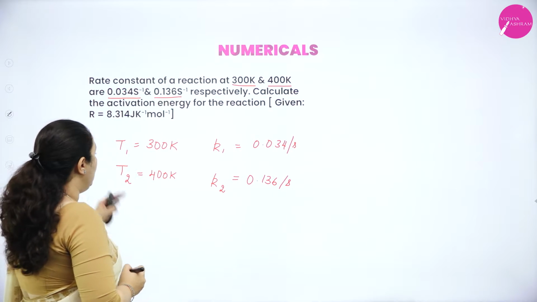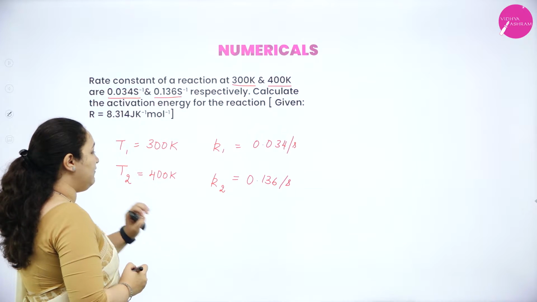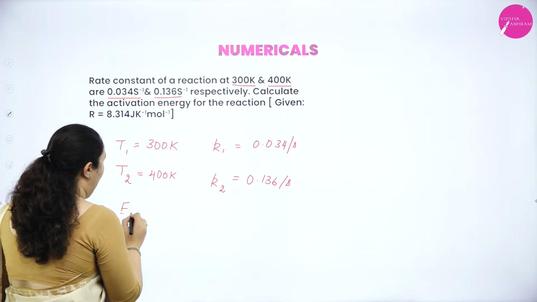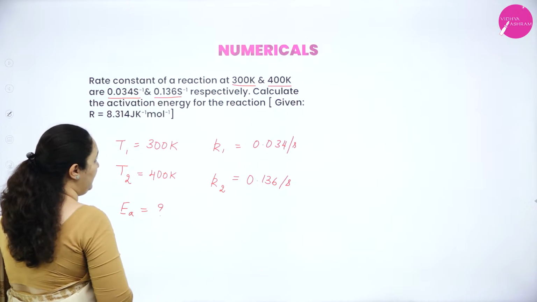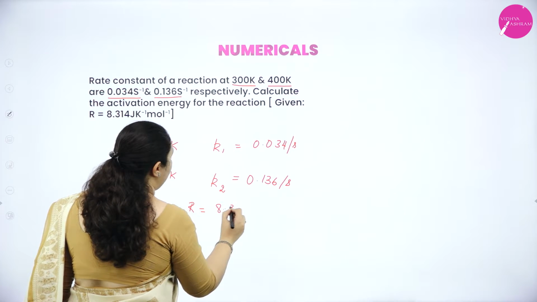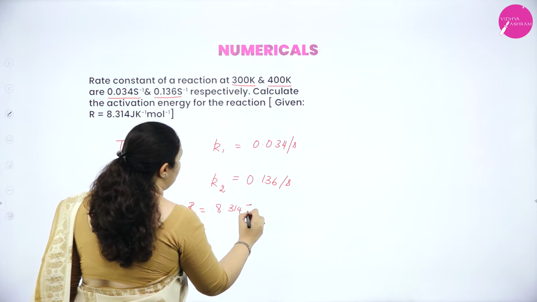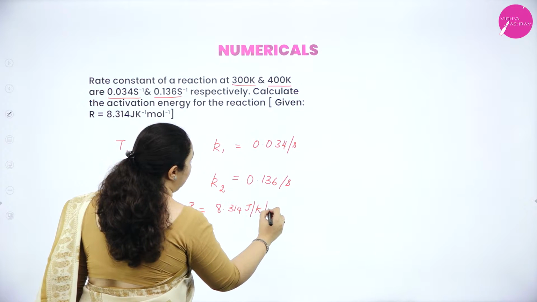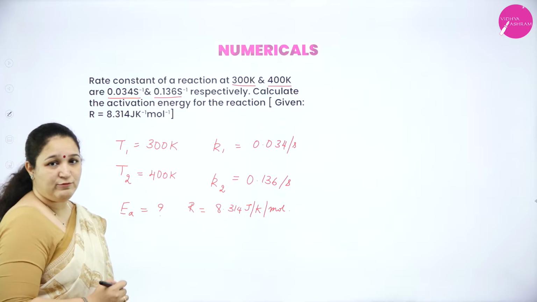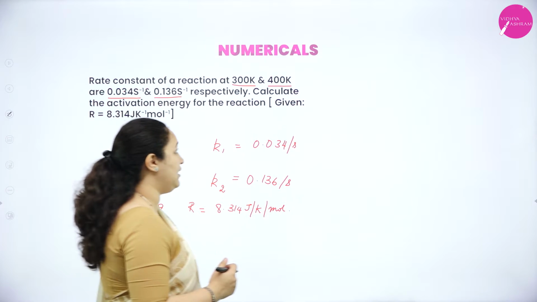Okay, so we have T2, T1 value, K2 and K1 value. We are supposed to calculate activation energy, that is EA, and R value is given, that is 8.314 joule per Kelvin per mole.